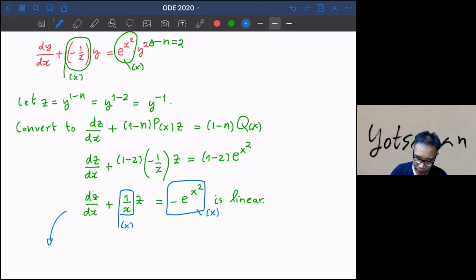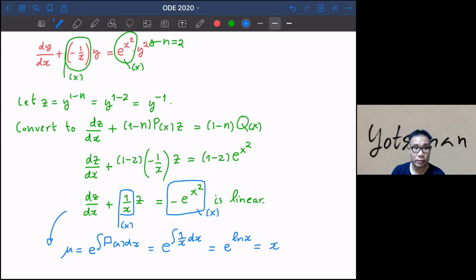Here you're going to have mu equal to e to the integral of P(x) dx. So it's going to be e to the integral of 1 over x dx, so it's e to the log x, which is just x.